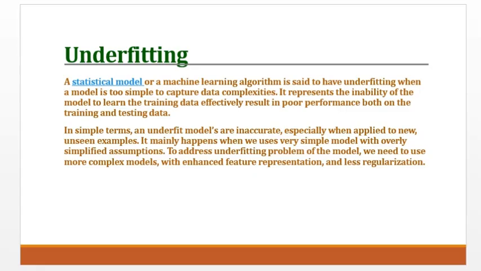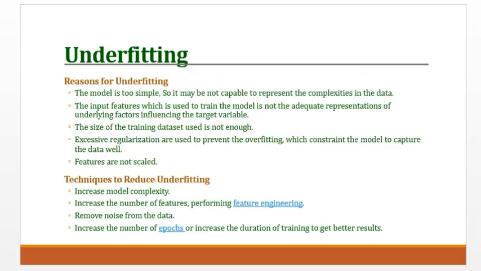It occurs when a model is very simple or uses overly simplified assumptions. Now, reasons for underfitting are, again, the model is too simple, the size of the data set used for training is not enough, the important features are not scaled properly, and the input features used to train the model are not adequate enough.